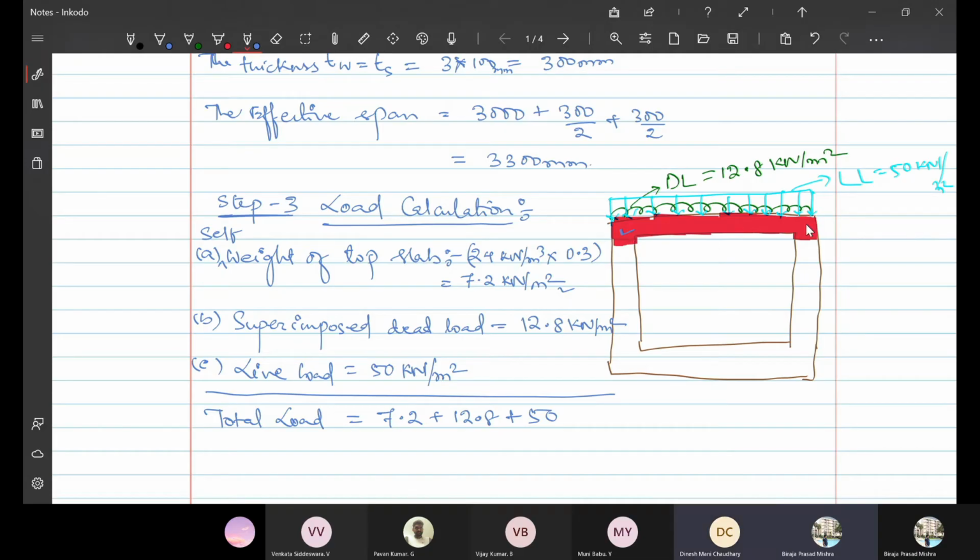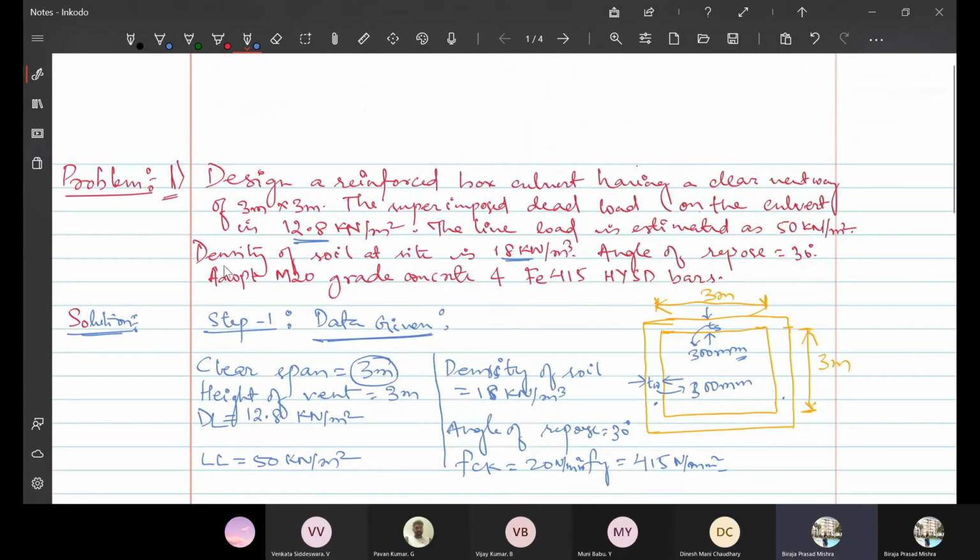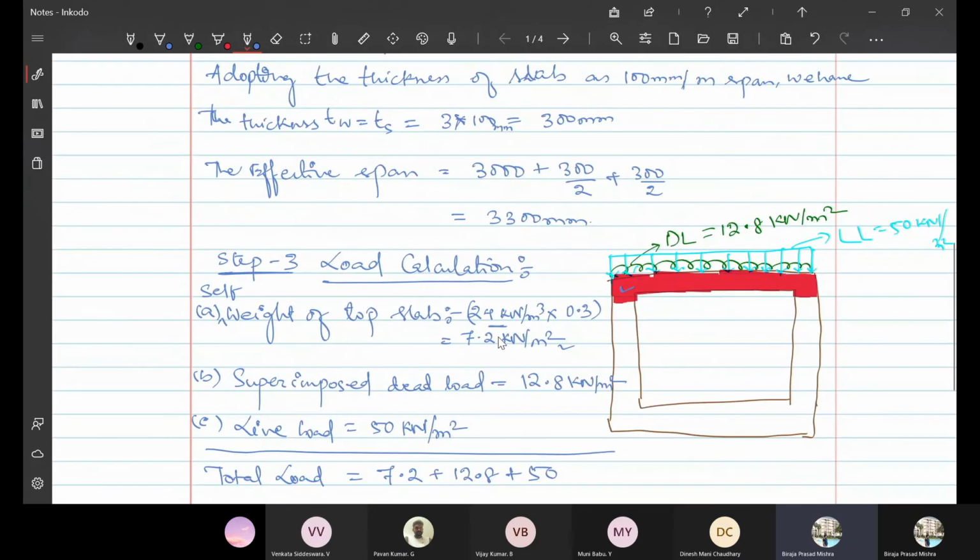This slab is made up of concrete, so for density of concrete you have to mention 24. In the question, the density of soil at site is 18. Don't confuse the density of soil and the density of concrete.